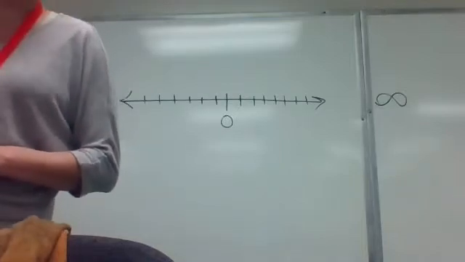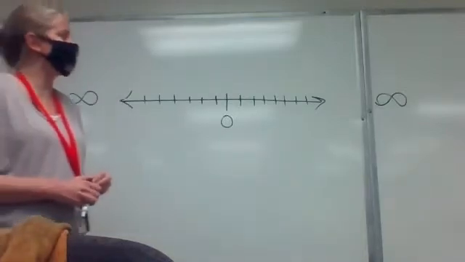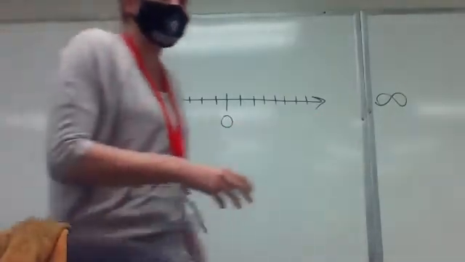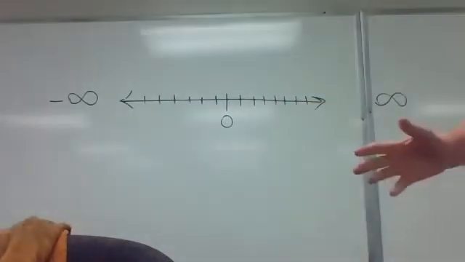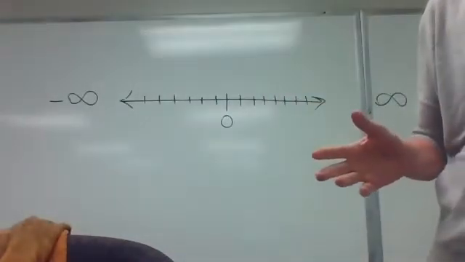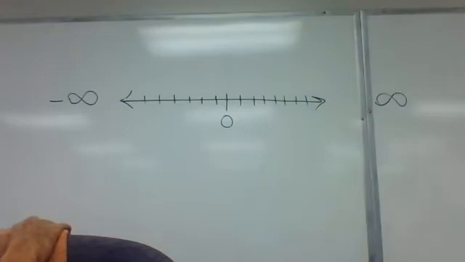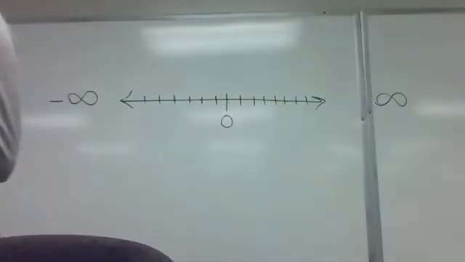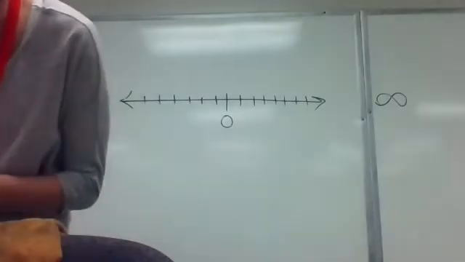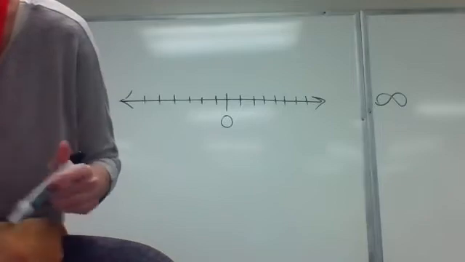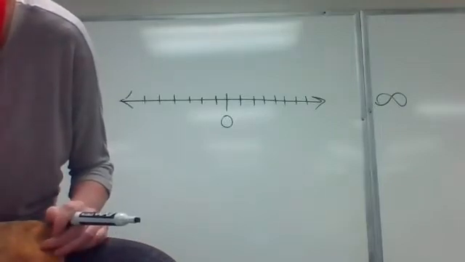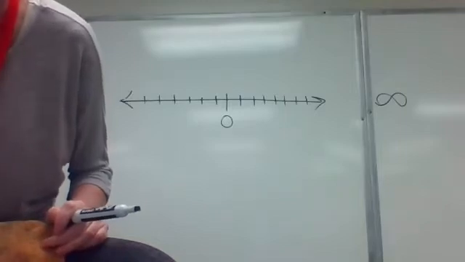So the first couple of problems are going to give us a number line, such as this, and then it's going to have a symbol, either a bracket or a parenthesis on a number with an arrow going one way. So let's look at one like number 1. I'm actually just going to leave that number line up there. Number 1 says, write an inequality that corresponds to the graph of solutions on a number line.